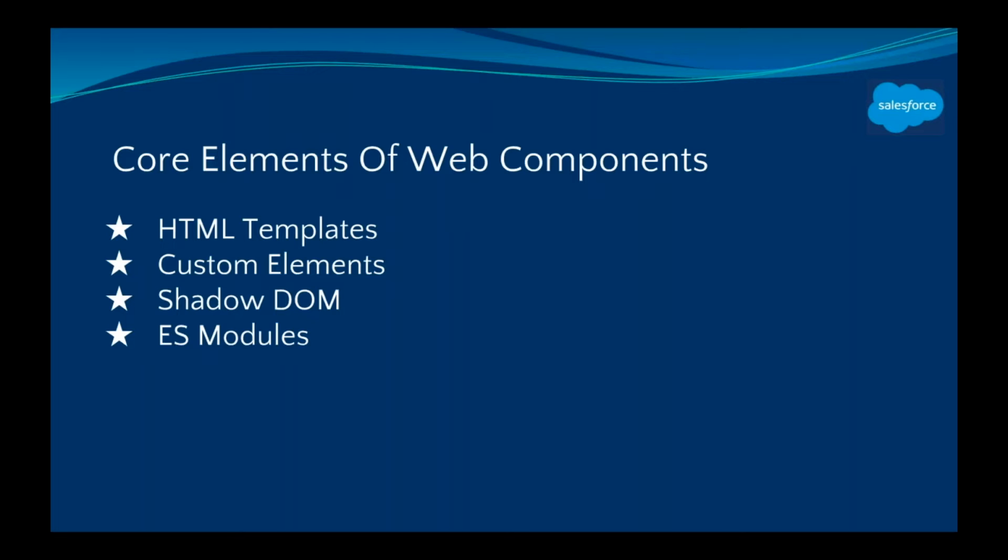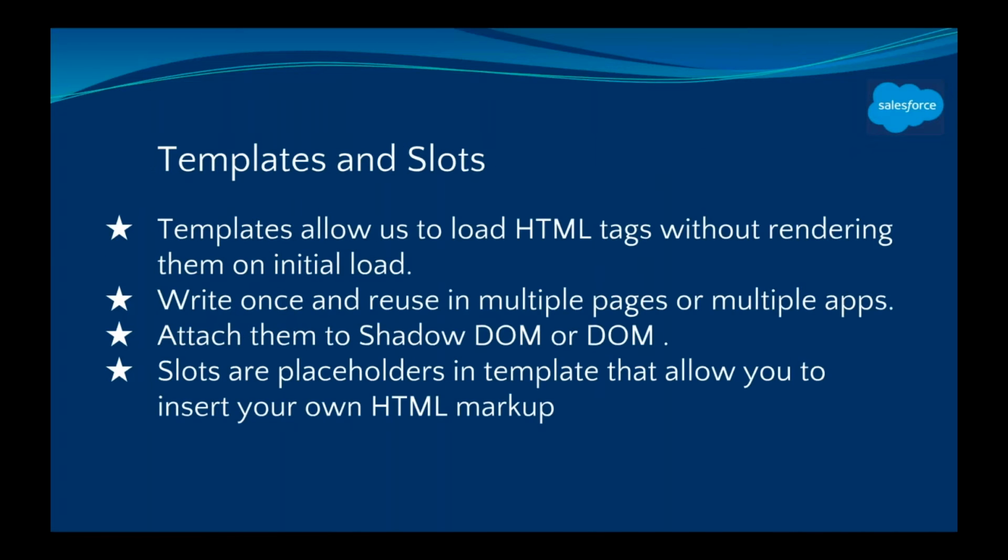We're going to discuss how to create a shadow DOM and what its capabilities are. And then ES modules, which is basically the import and export statements, which take a piece of JavaScript function and wrap it into a module, and then you can export that into another module. So you can import multiple modules by specifying export on each of the modules. We're going to take a look at some examples of that.